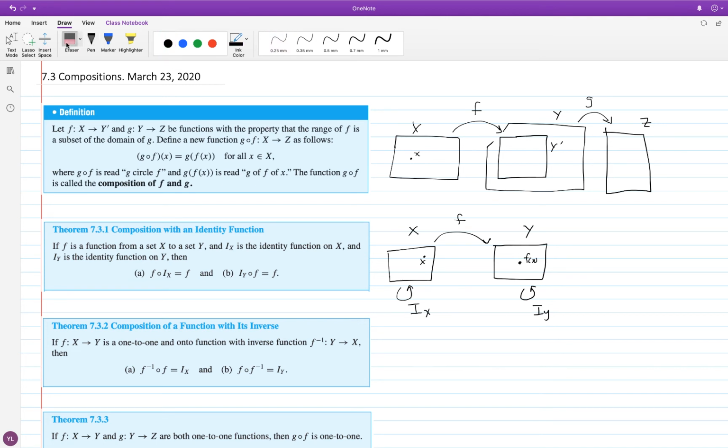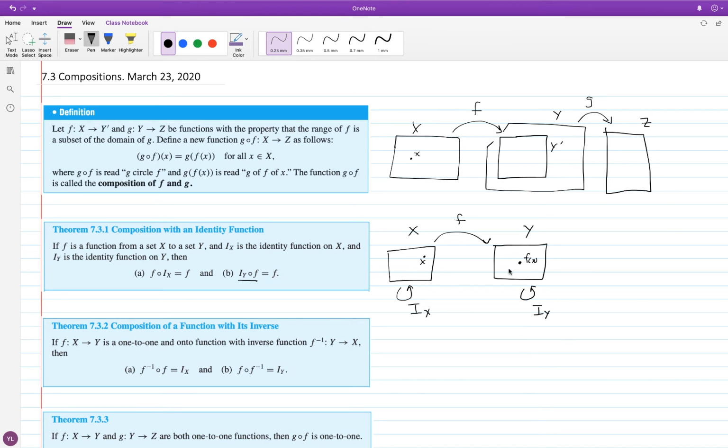So that's just a fancy way of saying that I_Y, the identity function on the set Y, composed with f is simply just f. So if you run something through f, then through the identity, it's the same effect as running it through f.